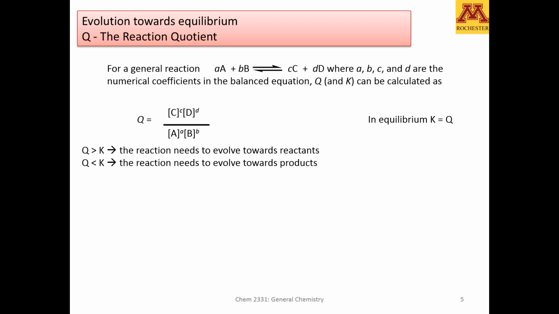And how does Q change? Well, let's give you an example. Imagine this reaction when N2O4 decomposes into two molecules of NO2. The equilibrium constant for this reaction is NO2 squared divided by N2O4. So at the beginning, initially, you will have zero products.